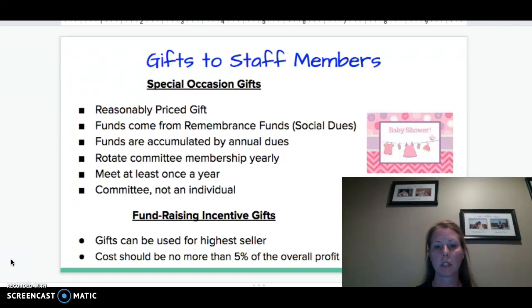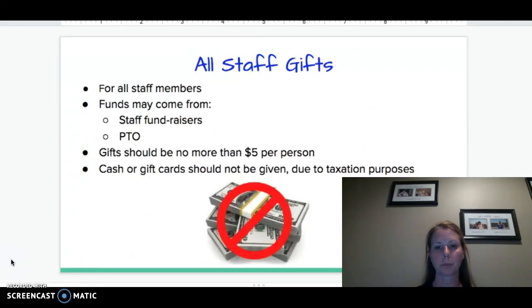Fundraising incentive gifts for staff. This would be if staff participated in some sort of fundraising, whether it be like t-shirt sales or something like that, and the gift could go to the highest seller. But again, you want your cost low. It should not be more than 5% of the overall profit.